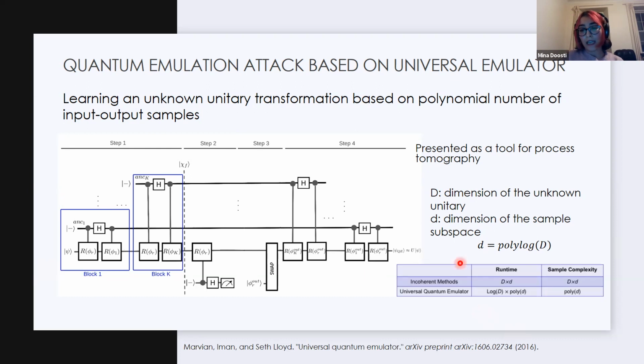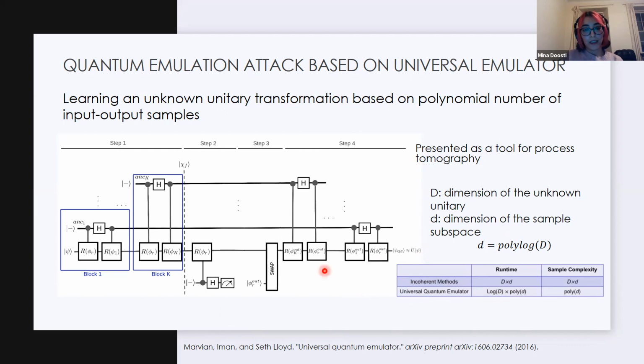If capital D is the dimension of your unknown unitary, and small d is the dimension of your sample subspace, you have an unknown unitary on a large dimension, and a set of inputs and outputs of that unitary as a sample set. If you wanted to do tomography with that sample size, emulation actually gives you much more advantage. You can see that against incoherent methods, universal quantum emulation is much more efficient.